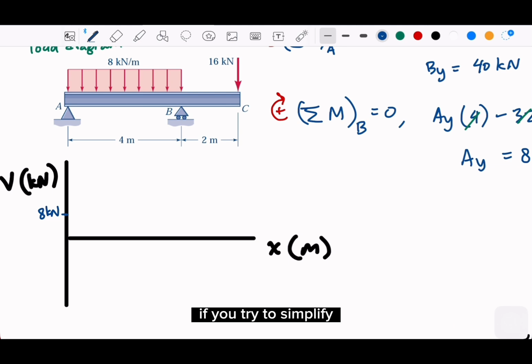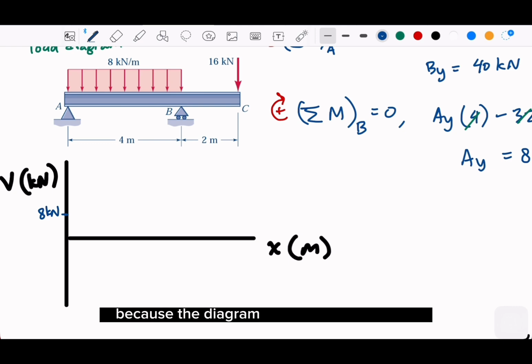If you try to simplify, for example, you can make it into the resultant force, 32 kilonewton. It's not helping to draw the diagram, because the diagram needs to be elaborated when you have a distance, and you need to know what will happen at every distance. So we need to keep this distribution as it is.